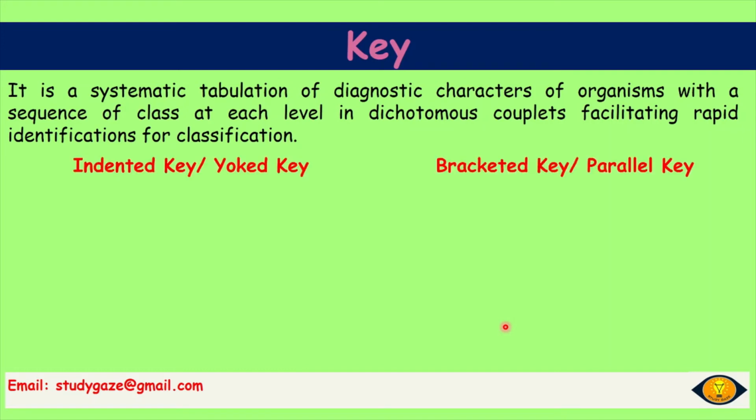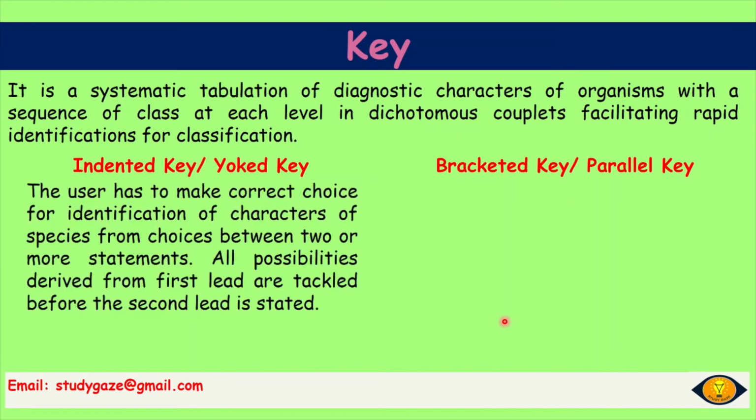Keys are of two types: indented key or yoked key, and bracketed key or parallel key. Indented key and yoked key state that the user has to make the correct choice for identification of characters of species from choices between two or more statements.